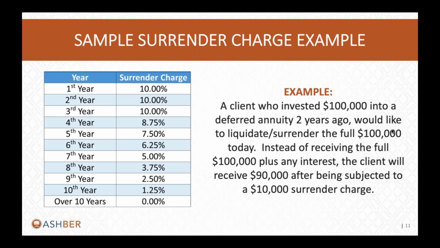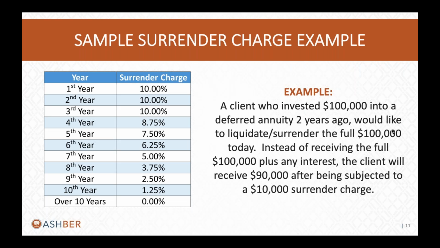So if this client were to request a full liquidation of the $100,000 that they put into this policy 2 years ago, instead of receiving the full $100,000 back, they're going to receive the $100,000 plus any interest that they earned, but less a 10% surrender charge. In this case, they would likely be receiving $90,000 after we take into consideration the $10,000 surrender charge.